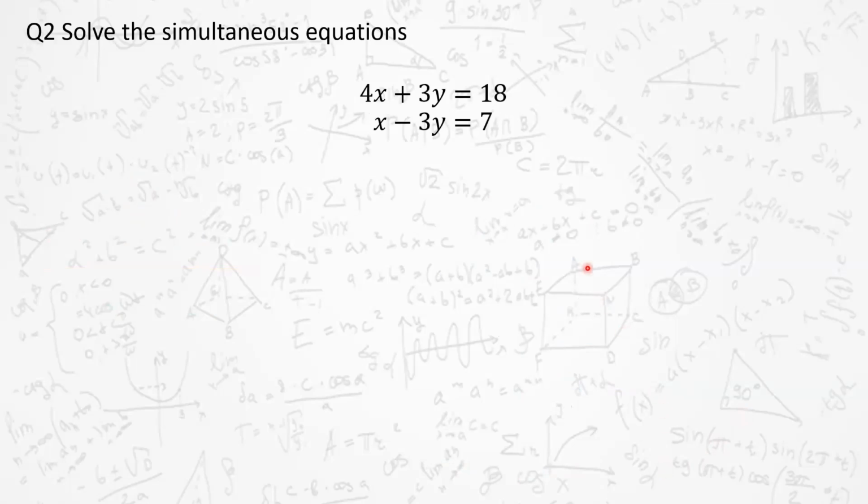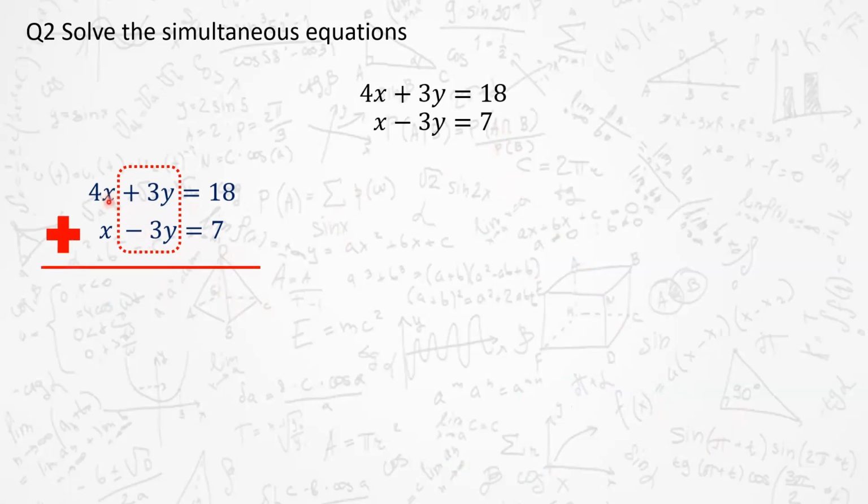Question 2. We have 4x plus 3y equals 18 and x minus 3y equals 7. With the two equations side by side, I notice I've got 3y's. One is positive 3y, one is minus 3y. So to eliminate the y terms, I need to add the two equations.